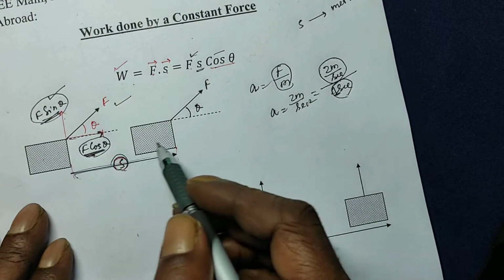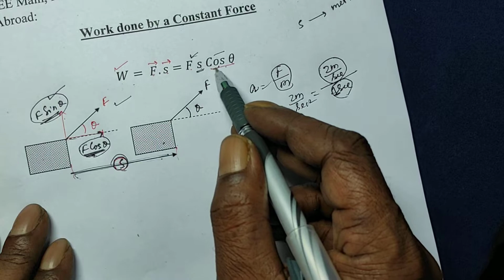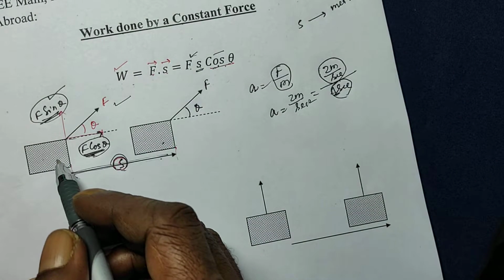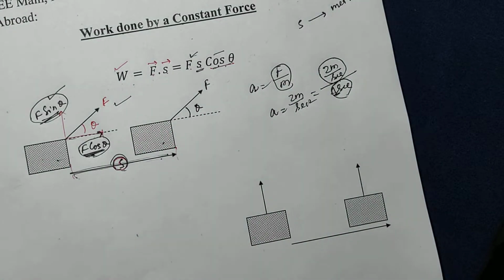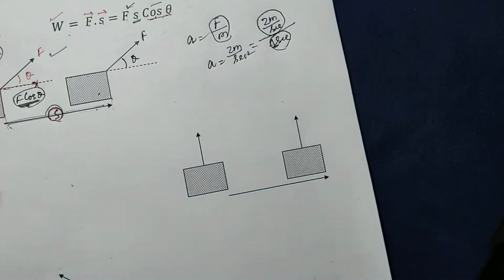So in this situation, theta is less than 90, cos theta is positive, so the work done is positive. And the force is trying to increase the speed of the body. Now let us come back to the second diagram.